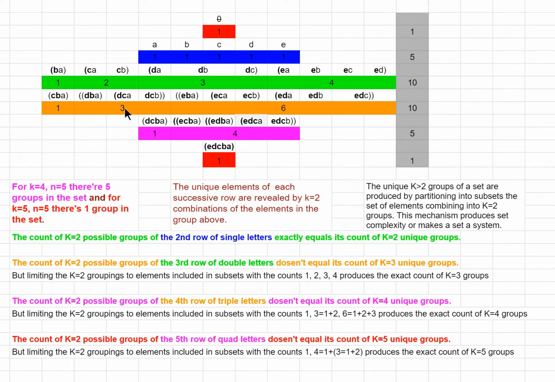But for the 2 part of the 3, we have two DCs, which we can combine, DCA with DCB, and we will get DCBA, 1, from that group.